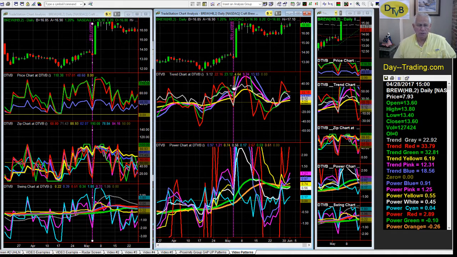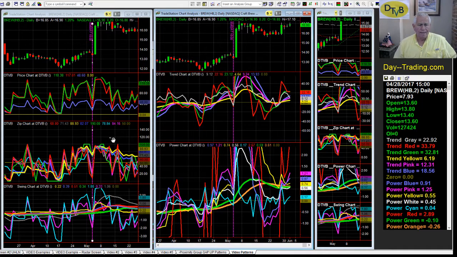three situations. You also have other patterns I'll point out, like on the pink green line here in the zip chart, you're looking at a red spike, which is by definition red under 50 going down and yellow above 50 going down.